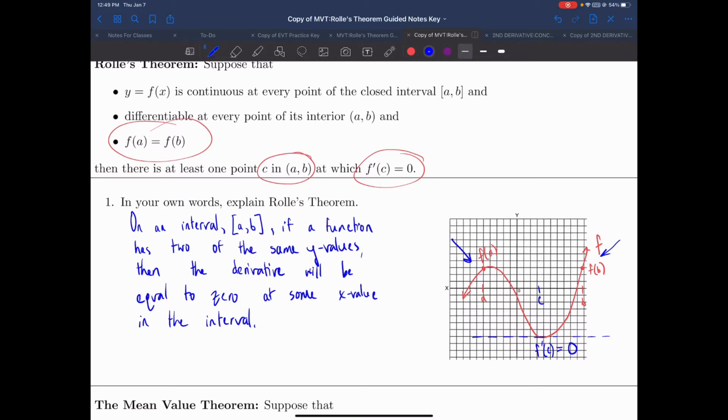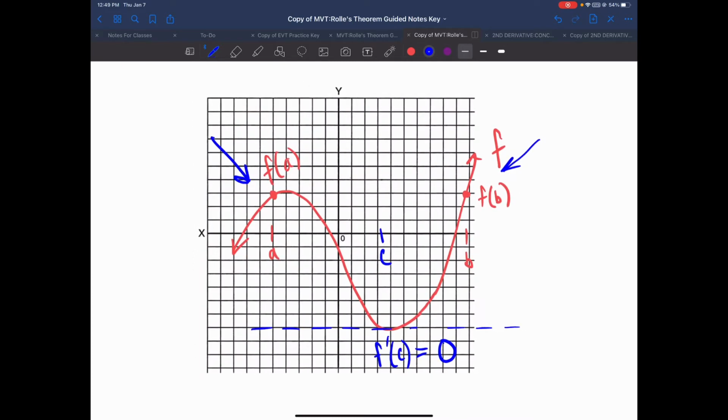If that happens, then the derivative will be equal to 0 at some x value in the interval. What this is saying is that if you have two y values like f of a and f of b, in order for the function to go from f of a to f of b, it has to have some kind of dip or peak or something like that, which means that it has a 0 derivative.